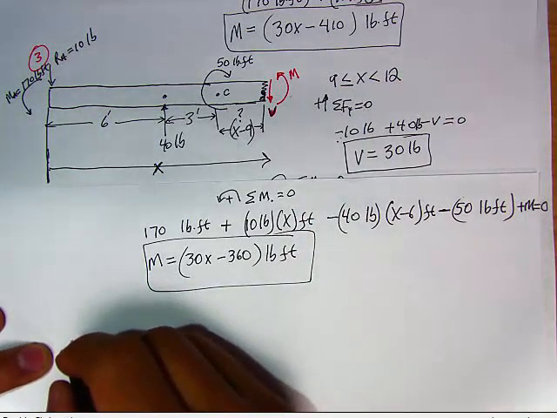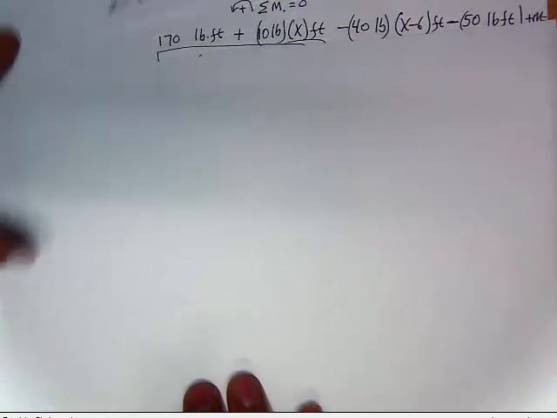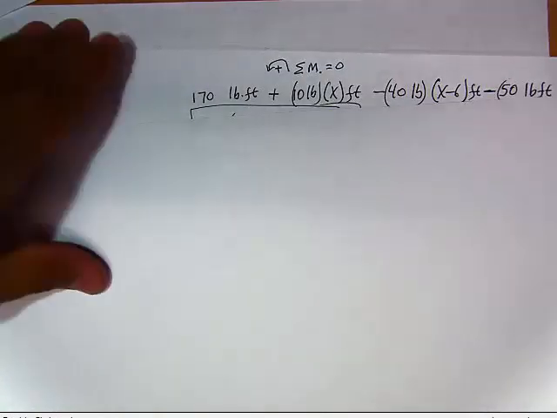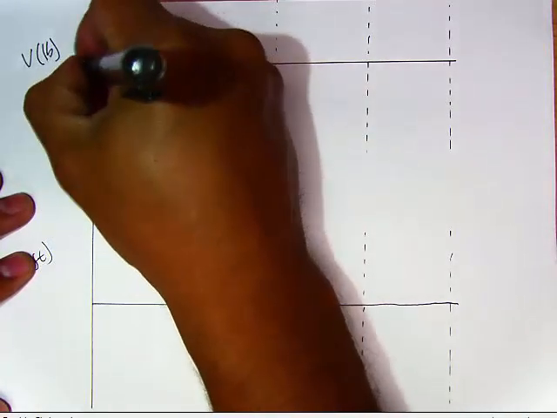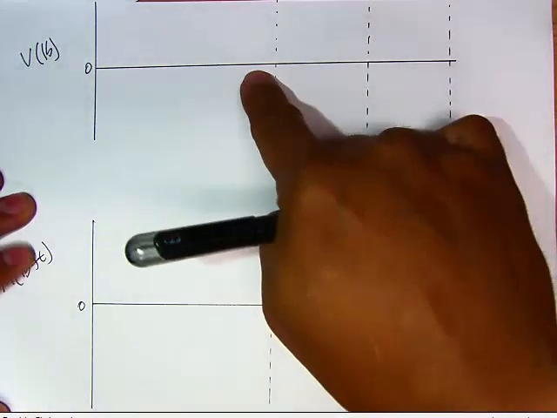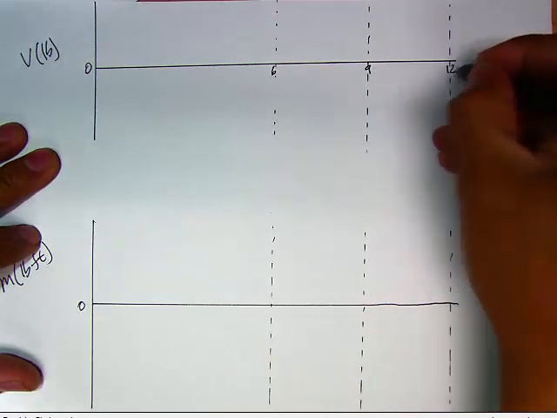So let me make a couple of graphs and start producing my shear and moment diagrams. All right, so this is our shear diagram at 6, 9, and 12.